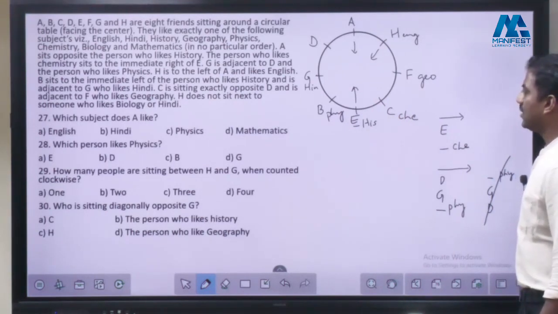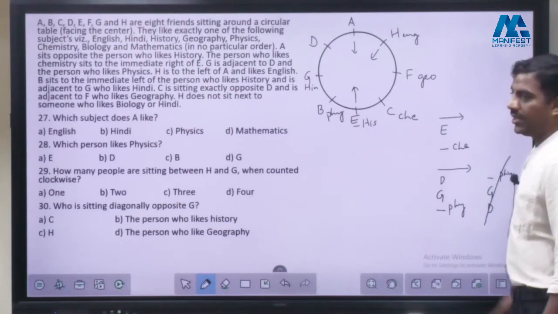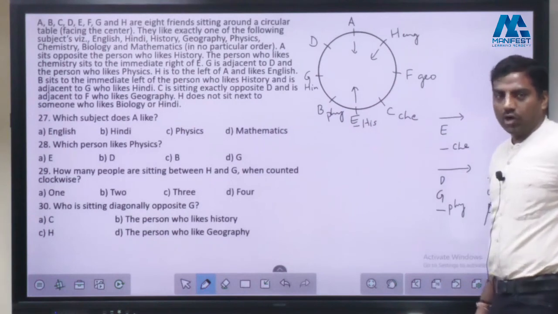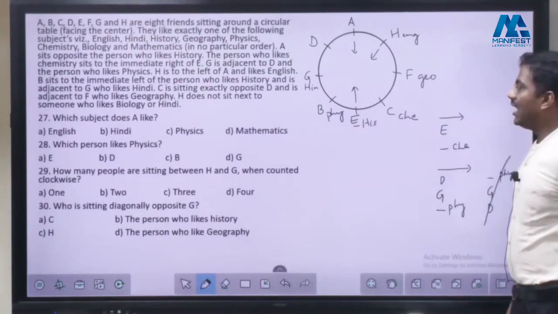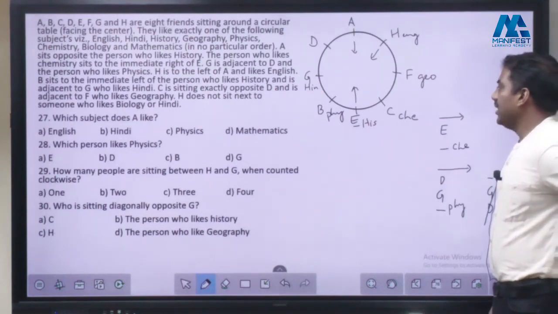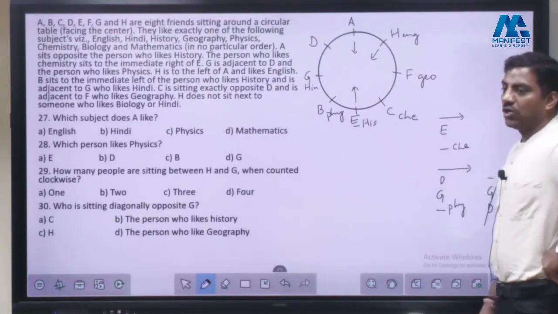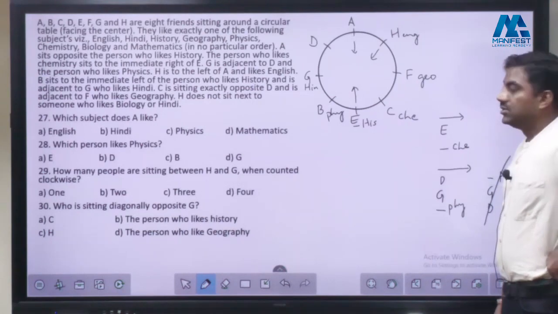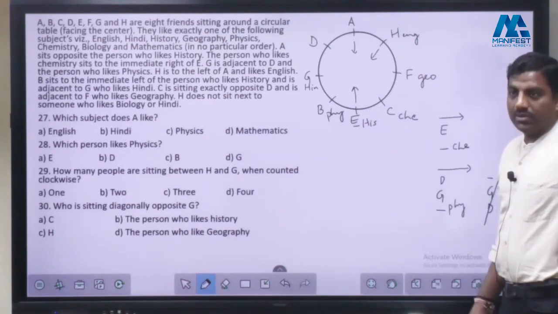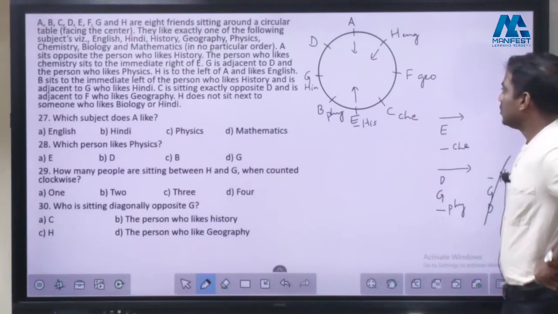H does not sit next to someone who likes biology or Hindi. H has 2 neighbors. One neighbor likes geography already. The other neighbor should not like either biology or Hindi. Hindi is already taken by G. So, A should not like biology. So, the other person should like biology.